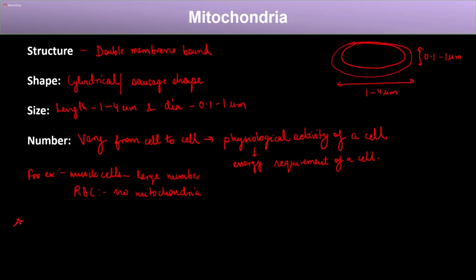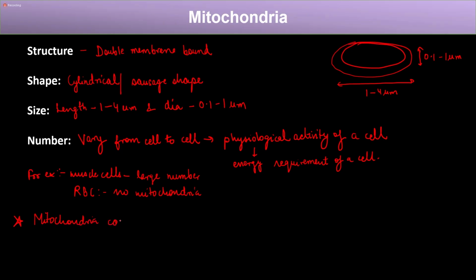Apart from this, one important thing is we said that a cell can be visualized under a light microscope, right? But if you want to see a mitochondria, can we see it under a light microscope? The answer is no. So how do we see a mitochondria?